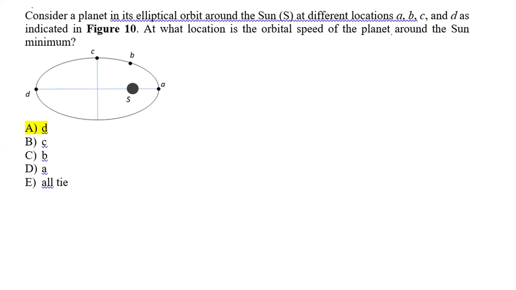Okay, so let's look at this problem here. Muhammad, what do we have here? We consider a planet in an elliptical orbit around the sun, and the sun is here.